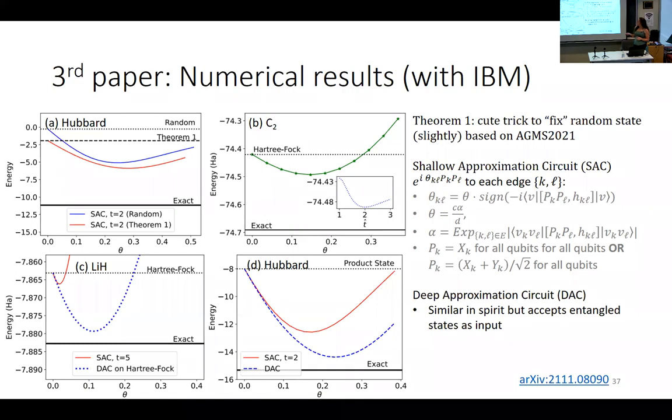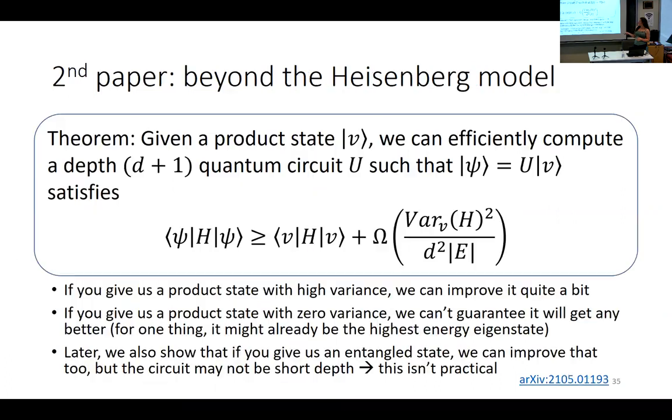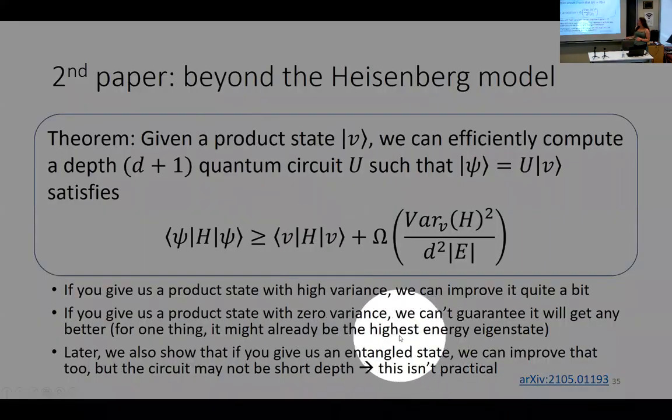And then we also applied this. Oh, and so for the Hubbard model we started from a product state, and for the chemistry molecules, we started from the Hartree-Fock state, which is another easy product state to calculate. And so the deep approximation circuit is the second algorithm I was talking about, where you can start from an entangled state.